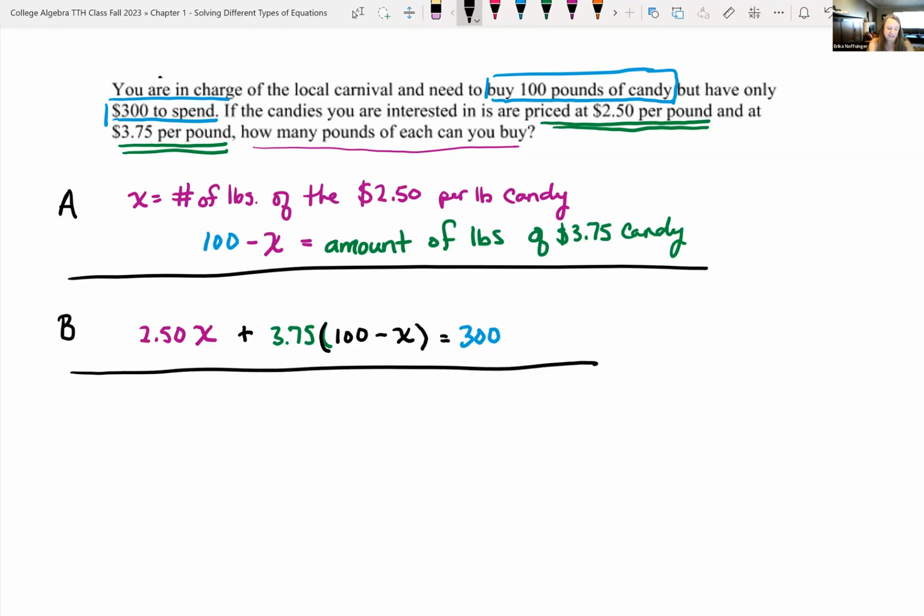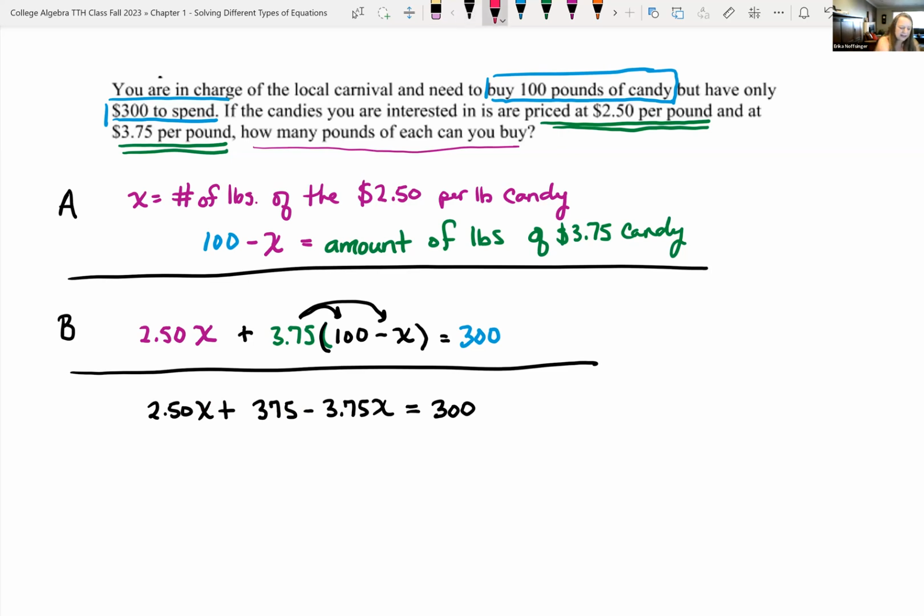So we've set up the equation that's going to help us figure out how much of each type of candy she needs to buy. So first thing we want to do is simplify down the one side of the equation. And so we need to distribute our 3.75 inside the parentheses. So let's bring down the 2.50x plus, so distributing 3.75 times 100, well, that's 375 minus 3.75 times x, so 3.75x is equal to our 300.